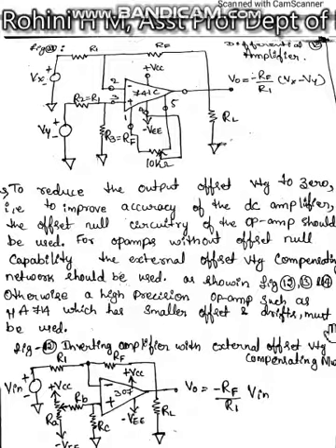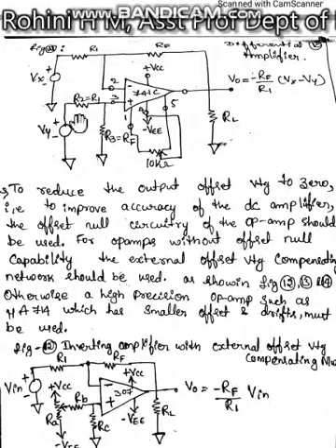Next is the difference amplifier. Here we apply the voltage Vx to one terminal, V1, and the voltage Vy to the other terminal, which will amplify the difference in these two terminal voltages. Hence Vout can be written with the inverting gain, minus RF by R1.